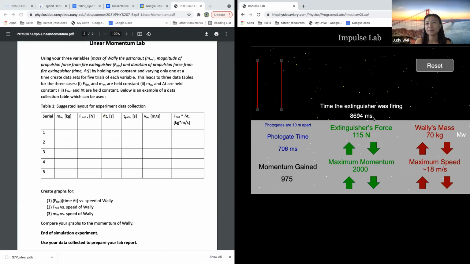It's like a millisecond difference. 8,000 milliseconds is about 8 or 9 seconds, so it should be okay. Don't worry if you cannot control the time delta T here. But just make sure that for the second table, you vary the extinguisher's force. You can do a little bit.